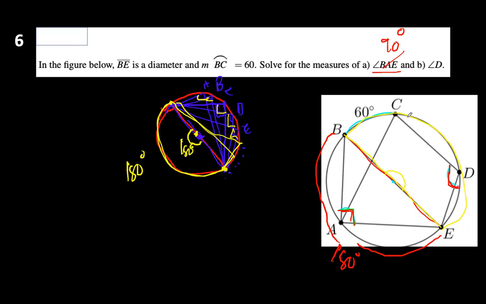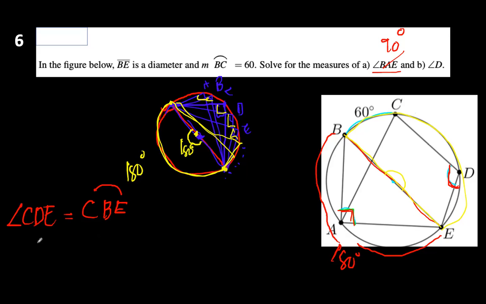Now, the measure of the intercepted arc of angle CDE is equal to the arc CBE, right? That's the intercepted arc of the inscribed angle CDE.